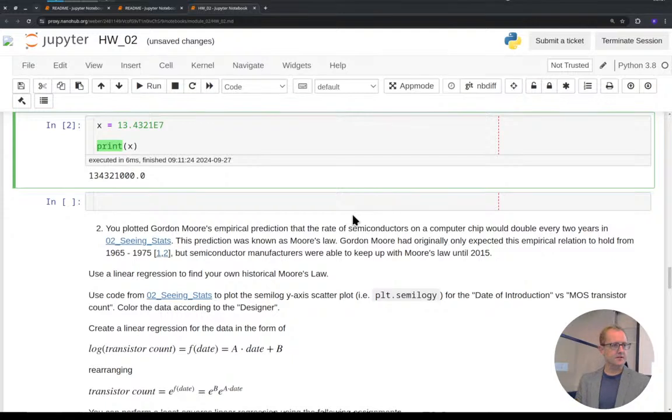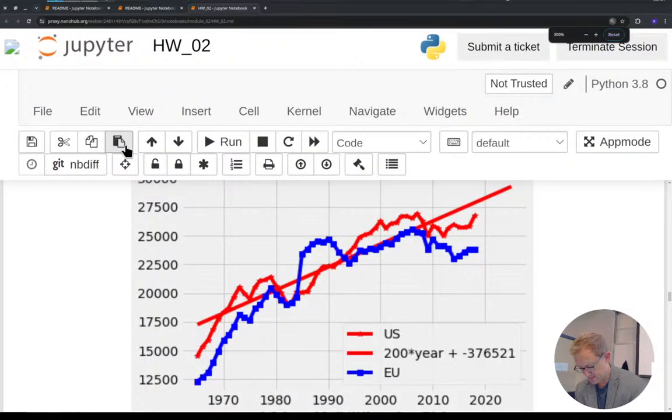By default, it's just going to print it out. I'll zoom in so we can see it.